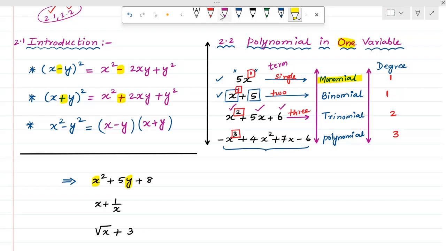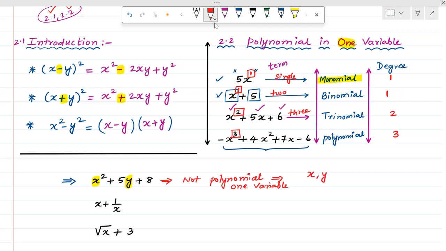So therefore it is not a polynomial in one variable, because you have x and y. This is the reason.